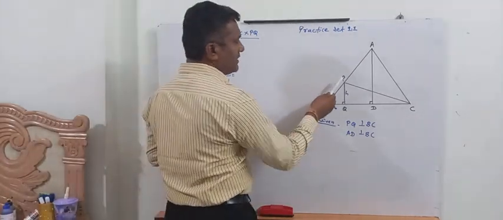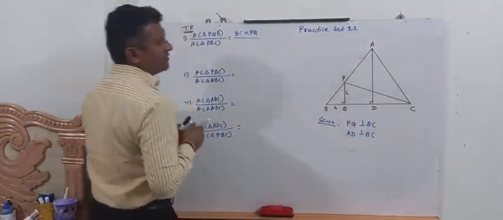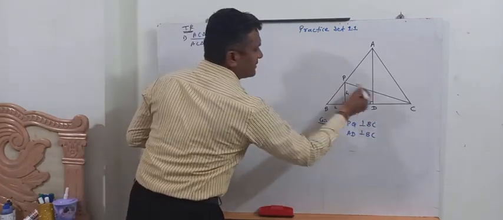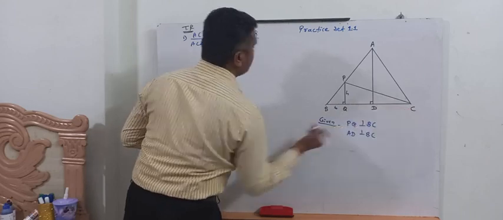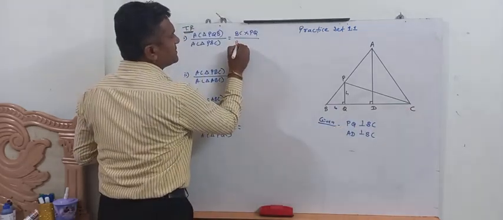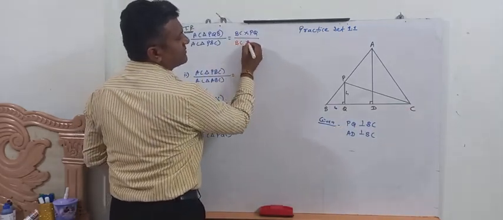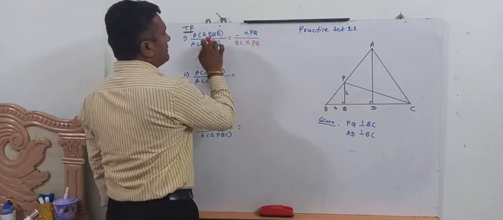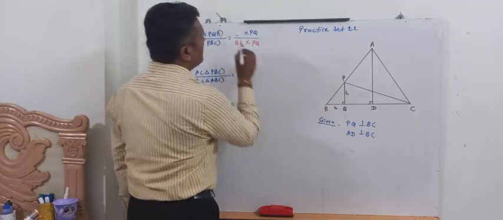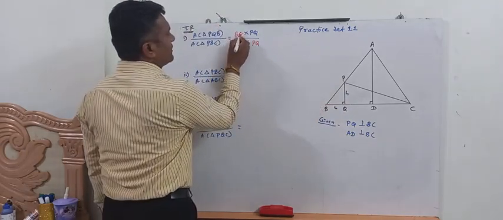Look at the triangle PBC. In triangle PBC, look at what height is given here, PQ, and what is the base, BC. So here base is BC and height is PQ. Sorry, a little correction there. In triangle PQB, it is BQ over here.